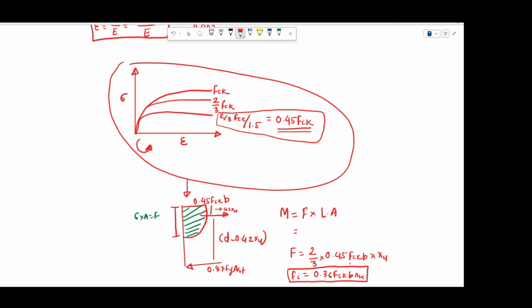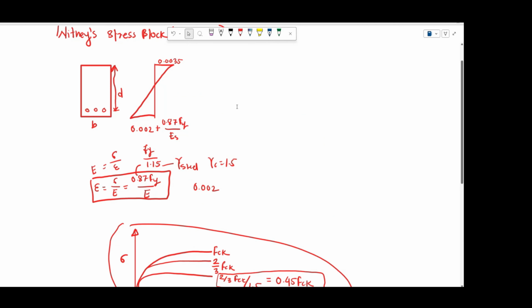Here you can see this is the value of compressive force that is coming. I have already explained how the value of tensile force comes. Now, coming back to the main Whitney stress block. As we have seen how this value comes, this is 0.45 fck into b. Then this is the force that you are getting, 0.36 fck into b into xu.